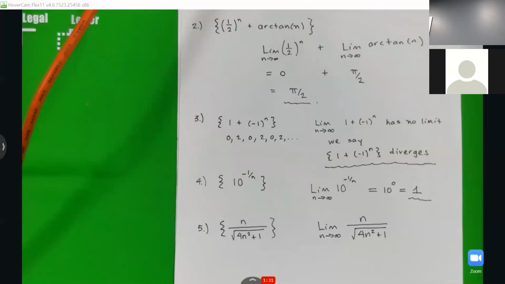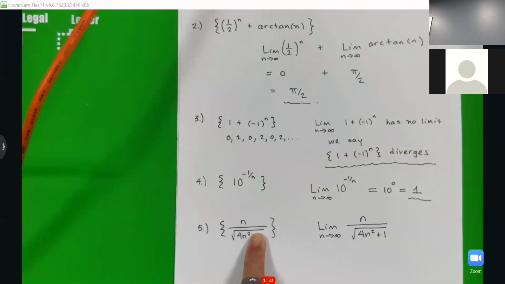What would you say the degree on the bottom is? It's also 1, right? This little 1 out here doesn't matter. When n is large, you barely even notice that. So this behaves like the square root of 4n squared. The square root of n squared is going to behave like n when n's a positive number.